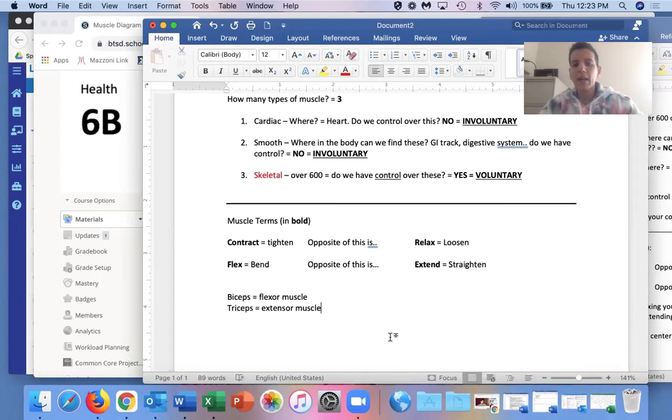So if the biceps is a flexor muscle and the triceps is an extensor muscle, and they work as opposite pairs, my question would be, how do these work as opposite pairs? Using these words.